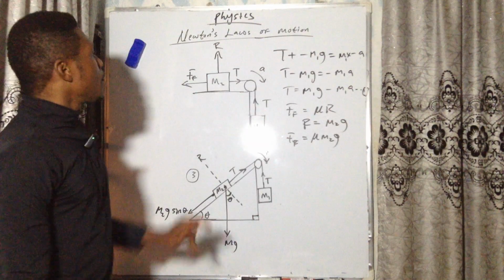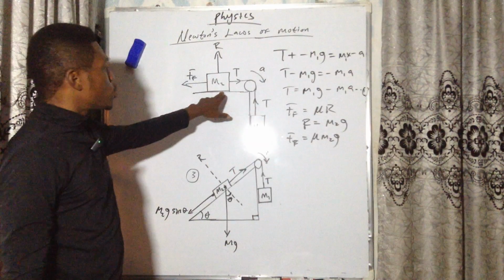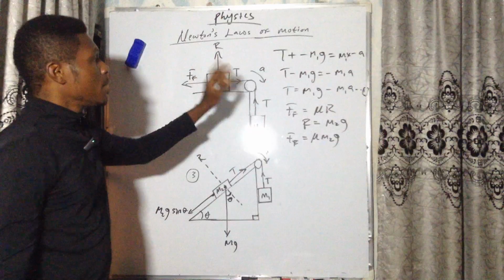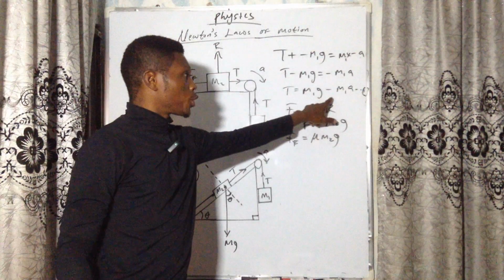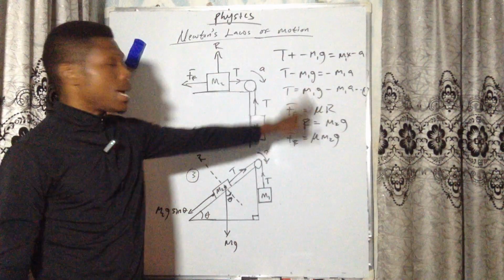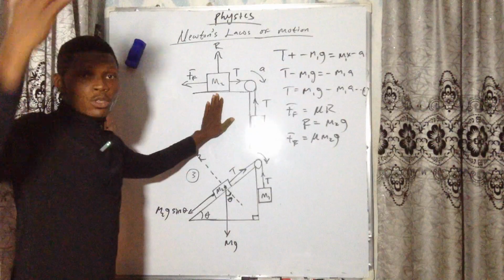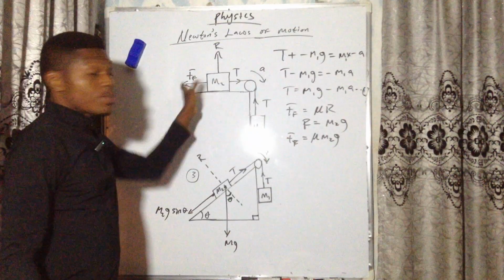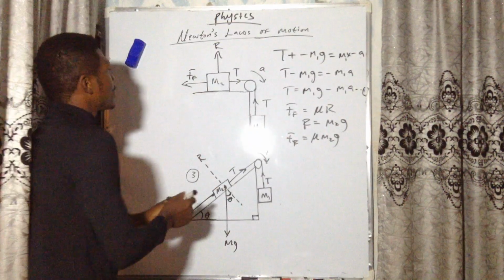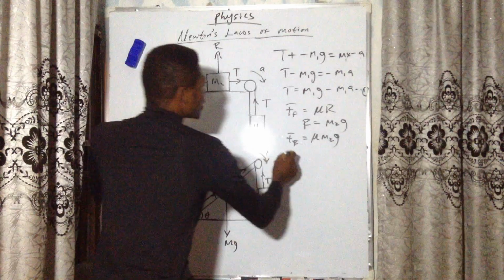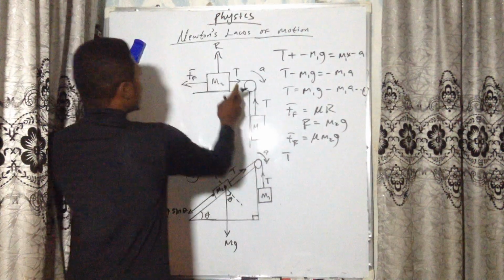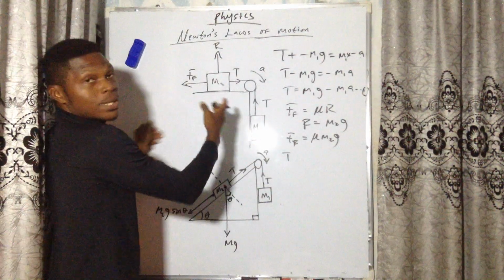So remember, in the case where there is friction here, this first equation for tension is still correct, but the second equation we have to express again. Now, right is positive, so this is the opposing force, that is the frictional force.